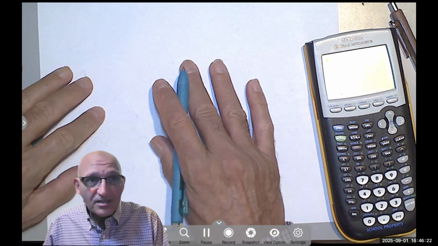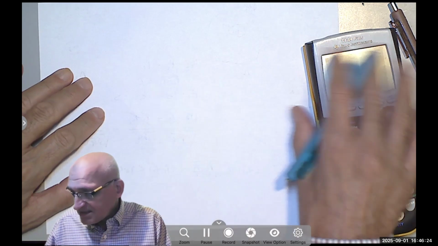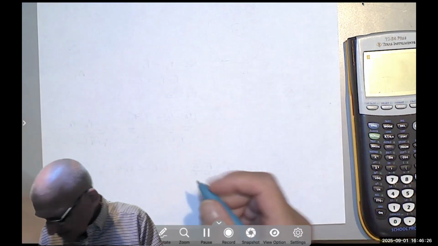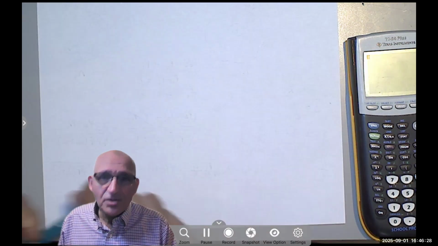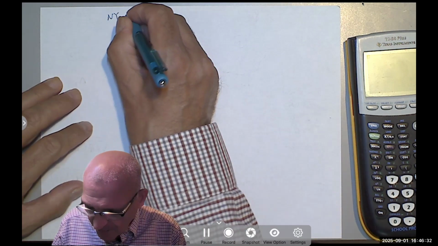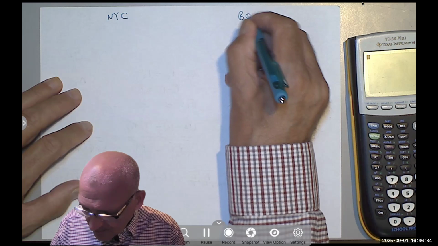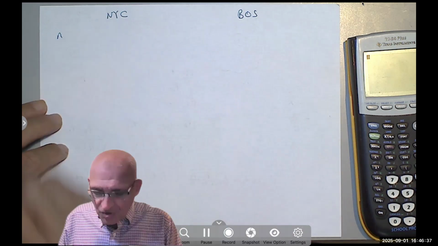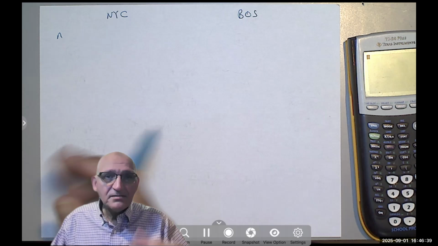policemen wanted to check the proportion of people wearing seat belts, roughly 25 years ago in New York City versus Boston. So they took a random sample and collected data.